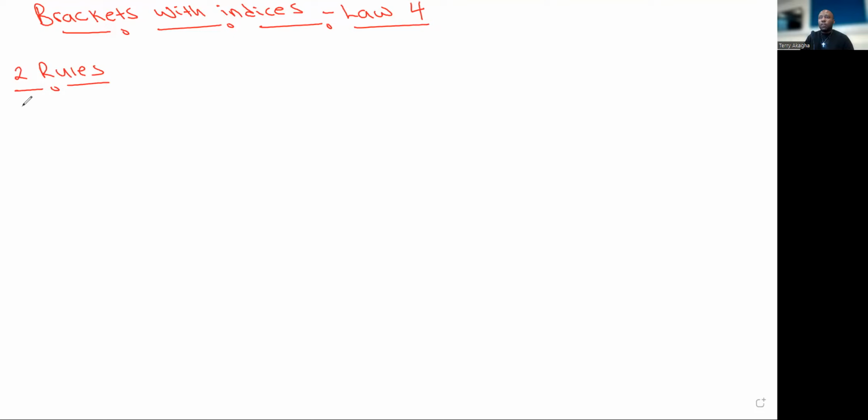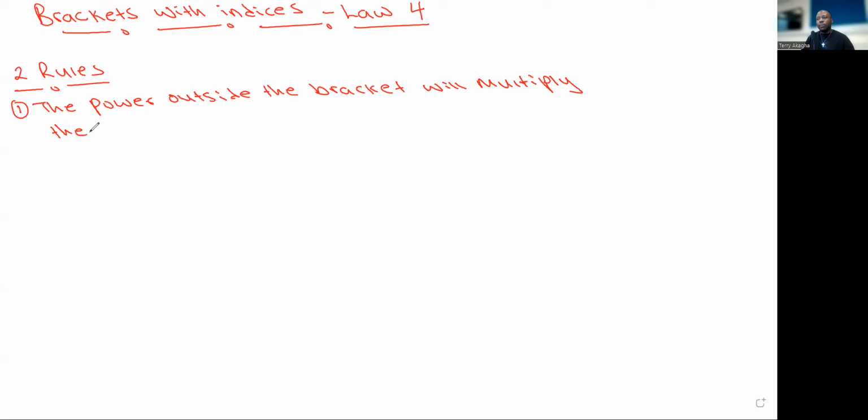So the first one to know is that the power outside the bracket will multiply the powers in the bracket. So always know that the powers outside the bracket will multiply the powers in the bracket.